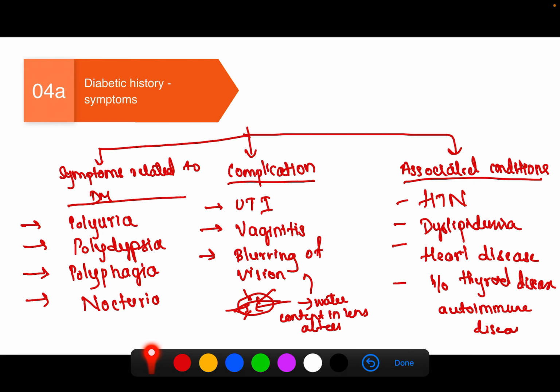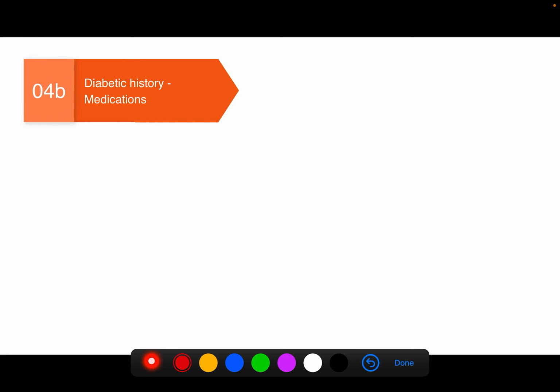With good glycemic control, this is reversible. Then you should also ask about associated conditions, like hypertension, heart disease, thyroid disease, or autoimmune disease. Now you have asked about the symptoms. Next, you should ask about the medication. First, you should ask what medications they are on.